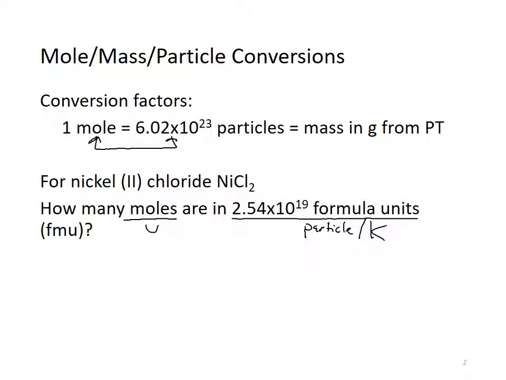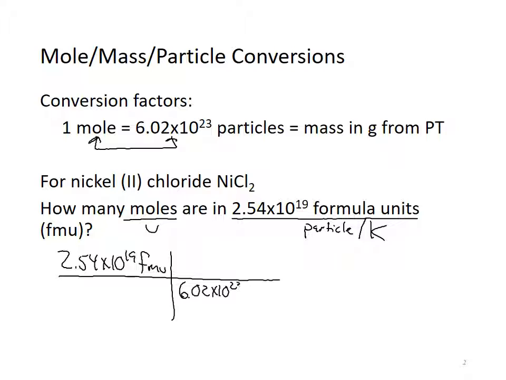So if I take my known and put it in the first box, when I go to set this up, I know that particles have to go on the bottom because formula unit is my particle. So that would be 6.02 times 10 to the 23rd formula units. And that is the same thing as 1 mole. So those units cancel out.